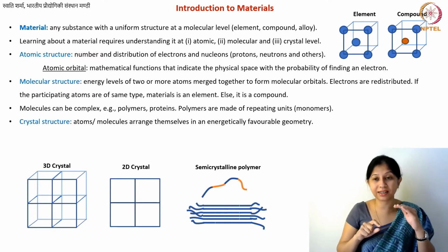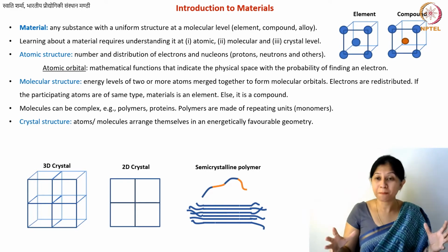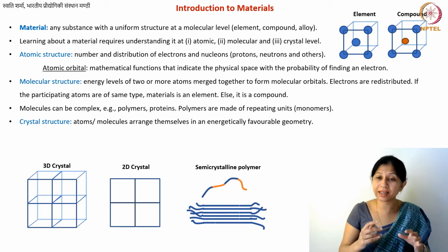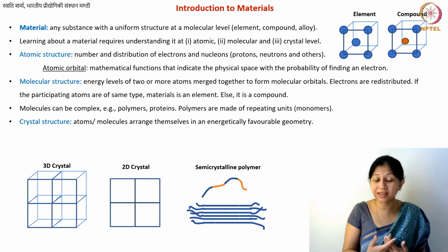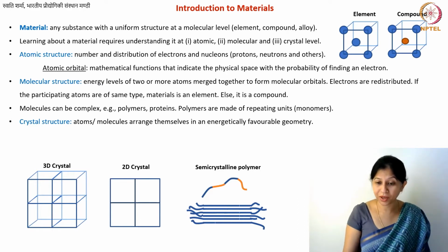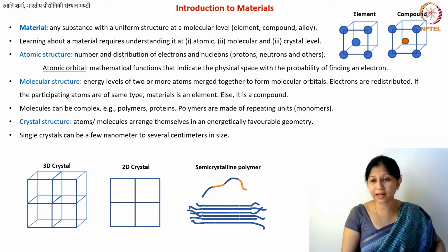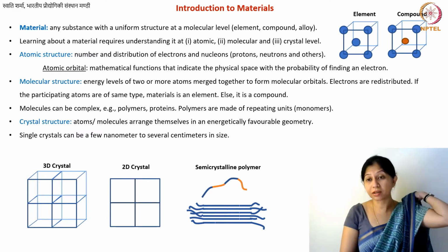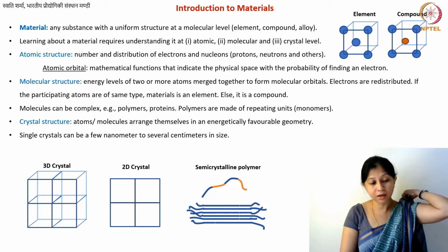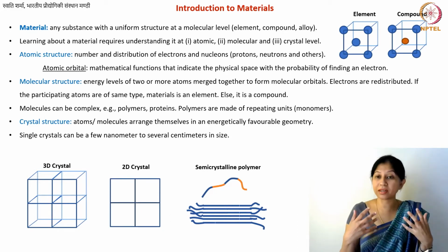And these crystallites, in the bulk material, are randomly oriented. So not all crystallites are arranged on top of each other or something like that. These kind of materials are known as semicrystalline materials. Okay. Now, a single crystal can be just a few nanometers in size, or sometimes you can even have single crystals several centimeters long.